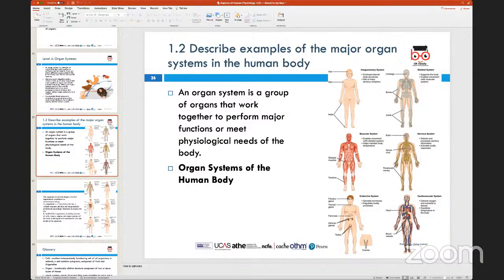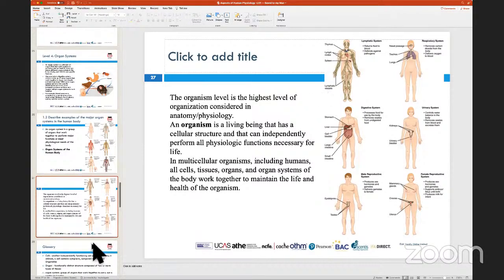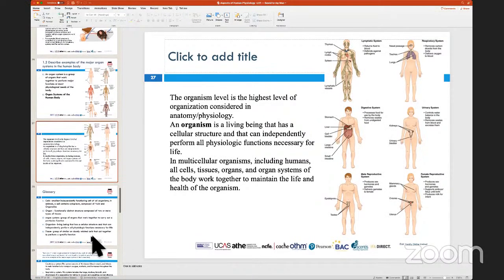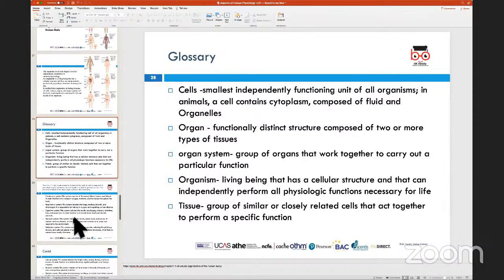So if I start with the endocrine system or nervous system or digestive system, what I would need to do is put up an image and then talk about the various organs which make up that particular system, and that would essentially be describing the second part, which is examples of major organ systems in the human body.